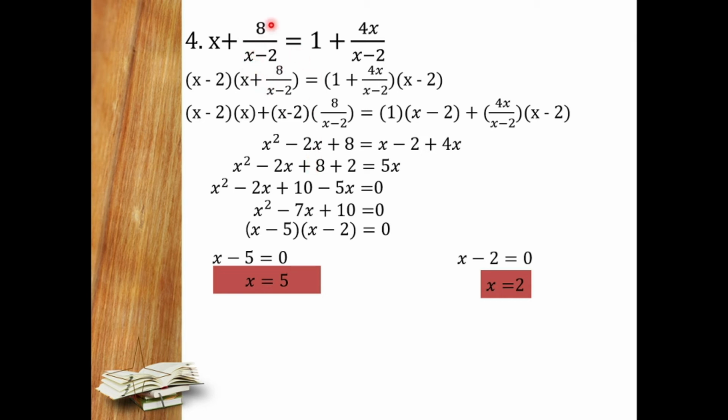So, ibig sabihin, if we're going to simplify this, 8 over 0 is undefined. Ganon din to. Okay? If we are going to replace x by 2, ito, 4x is actually 4 times 2, so 8 over 2 minus 2, 0 pa rin. So, undefined siya.